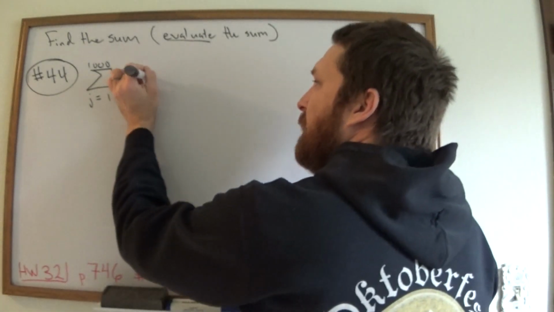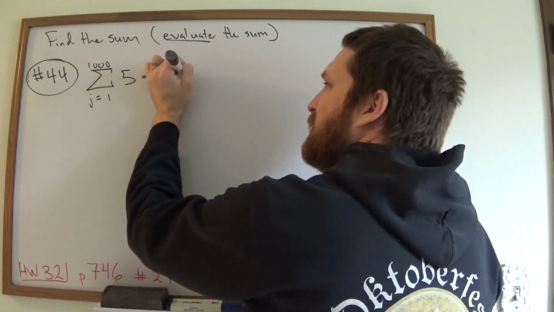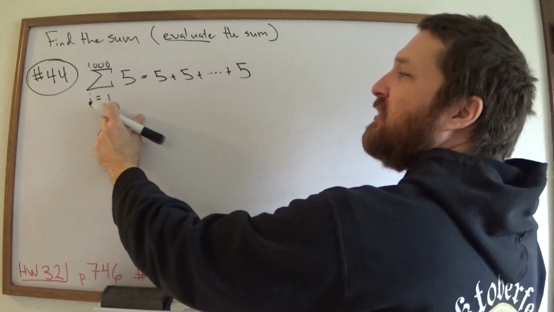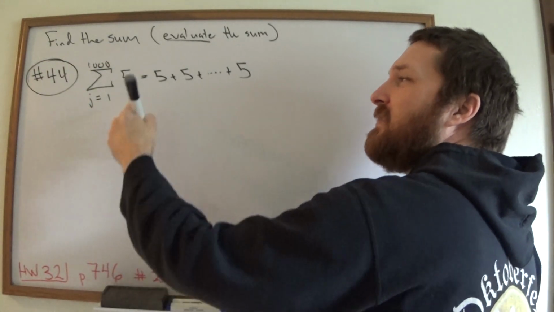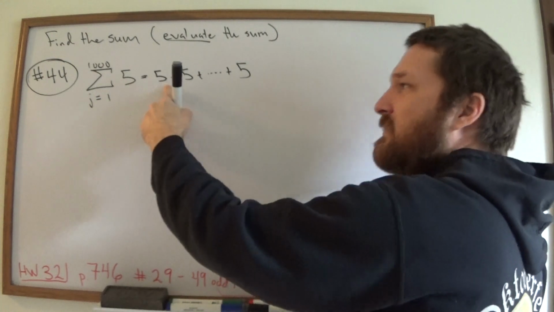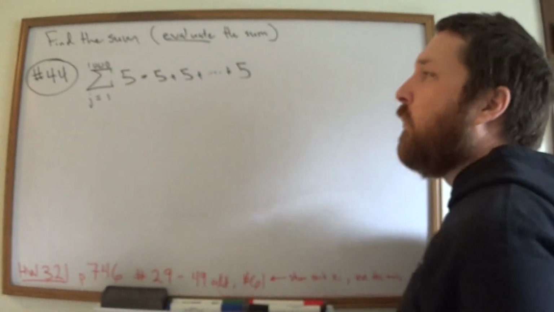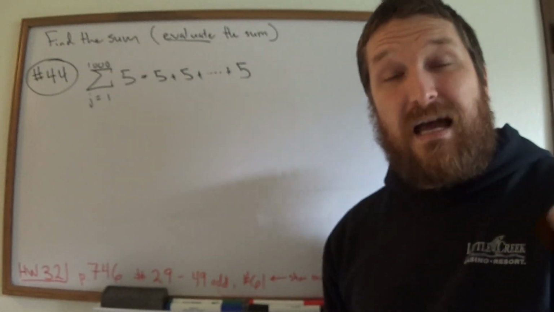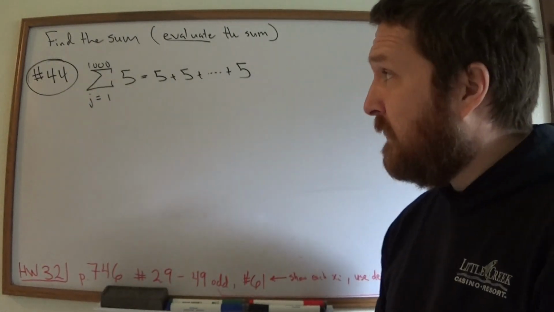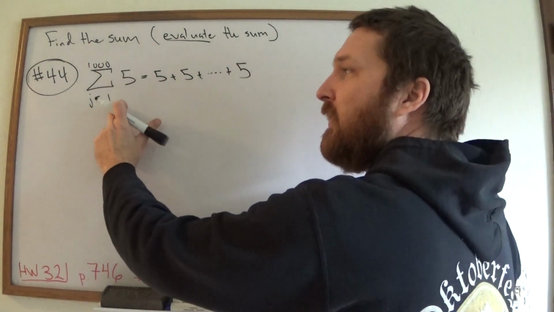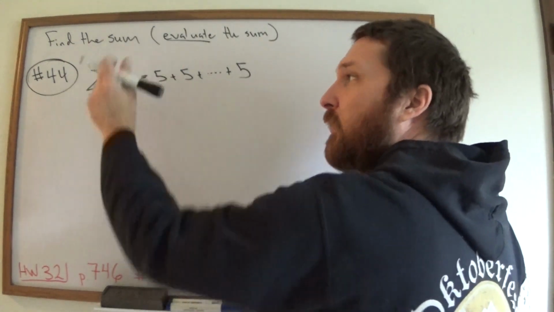Okay, so let's think about this. It's 5 plus 5 plus, and so on until j equals 1,000. So this is when j equals 1. This is when j equals 2. And so on all the way up to j equals 1,000. So the question is, how many 5s do I have? This is easy in this case because you're including 1 and you're going all the way to 1,000.